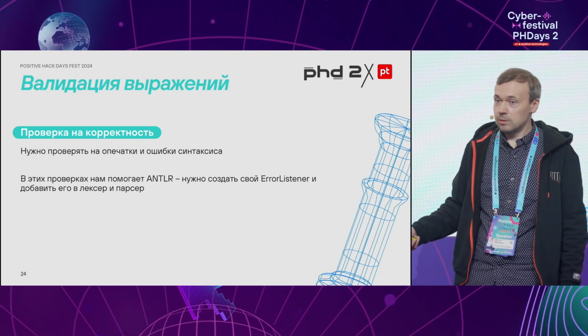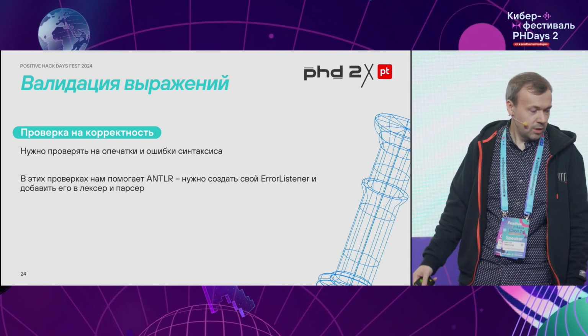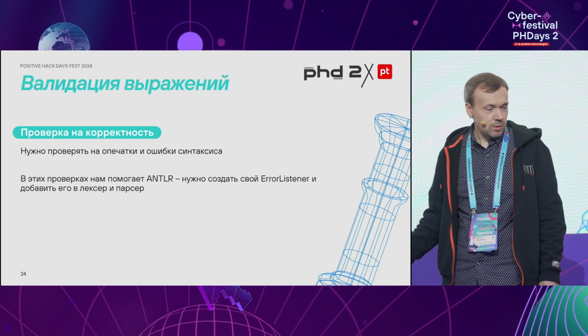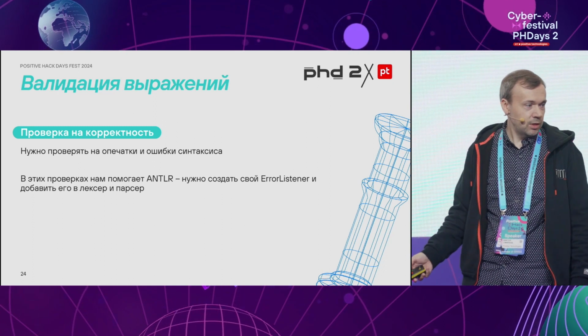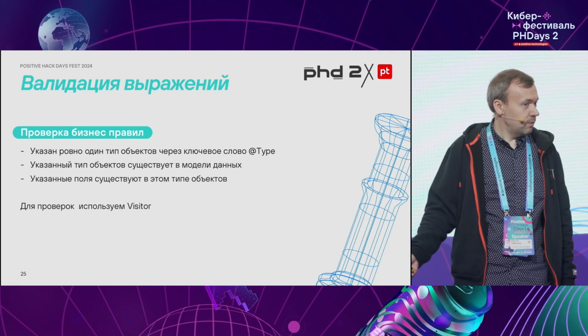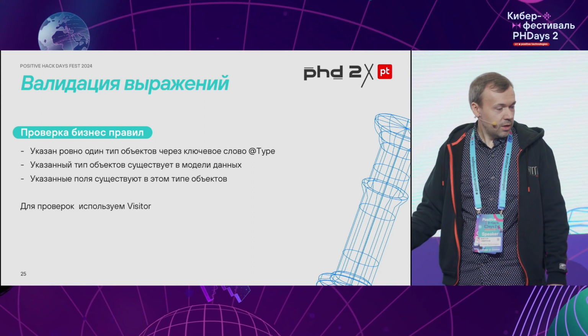You enter text, and the infrastructure will collect all the errors that were detected, and then you can notify the user that something went wrong. After that stage, we know that formally our filter is properly written, but it's not enough, because there is also a number of business rules that we need to check.